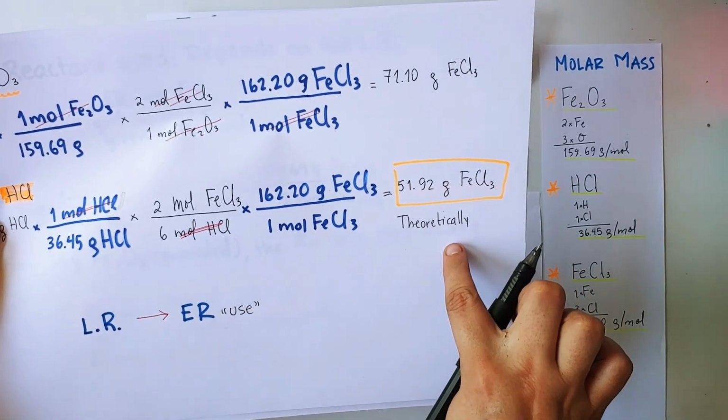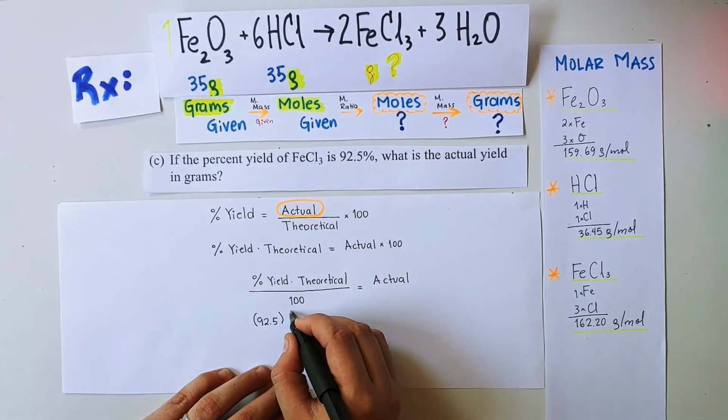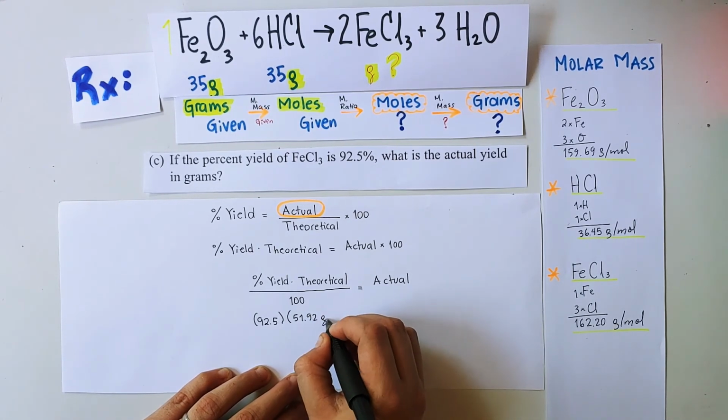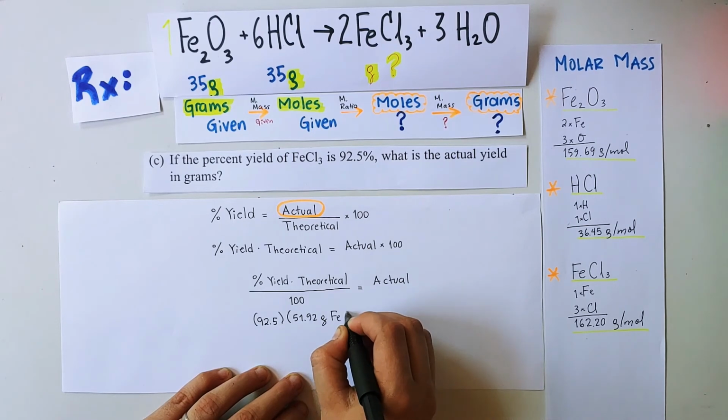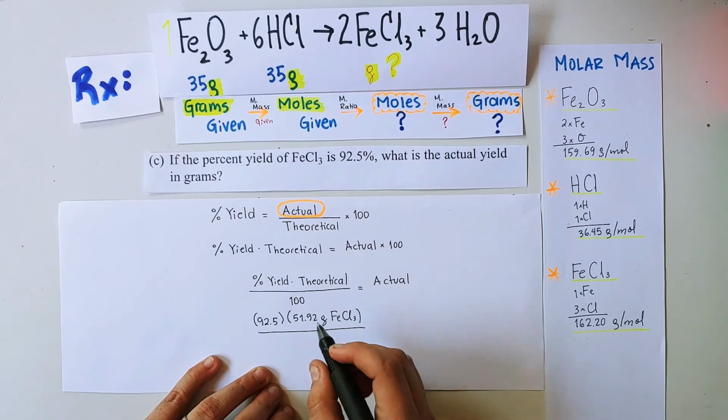Theoretically, we got 51.92 grams of iron 3 chloride, and you will divide by 100.